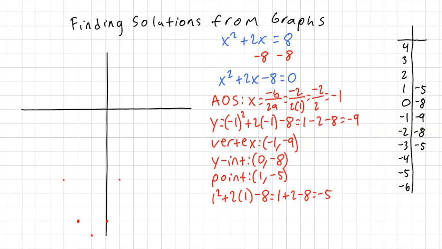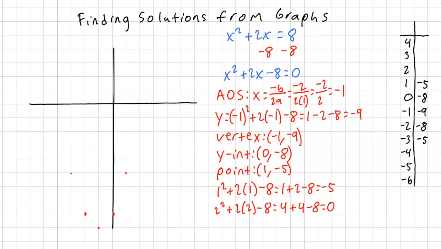Then we go to 2. 2 squared plus 2 times 2 minus 8 equals 4 plus 4 minus 8 equals 0. So this point is 2, 0. So now we have our new point, 2, 0. And its reflection, which is 1, 2, 3 away from the axis of symmetry, so 1, 2, 3 on the other side, will give us negative 4, 0.